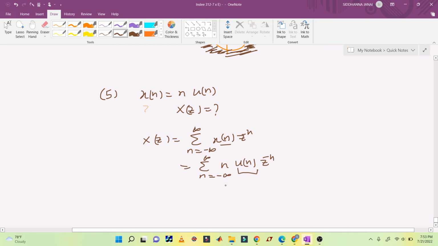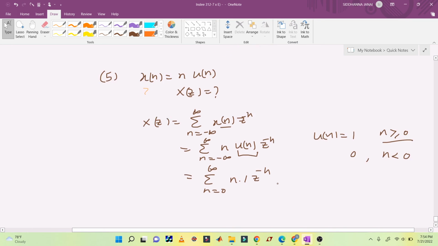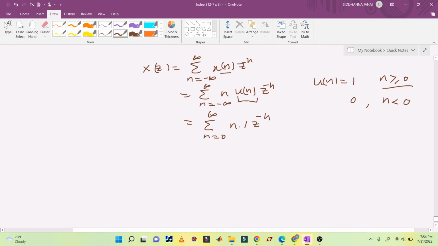So what can I replace u of n as? u of n is equal to 1 for n greater than or equal to 0, and it is 0 for n less than 0. That's why any multiplication will lead us to 0, so we can have only n greater than or equal to 0. So n is equal to 0 to infinity, n into 1 into z to the power minus n. This is the summation we are going to get.